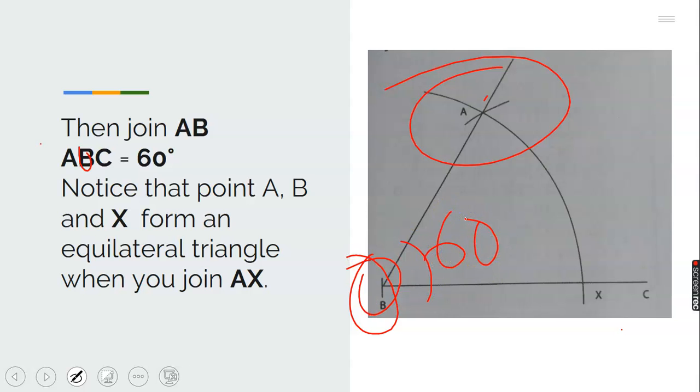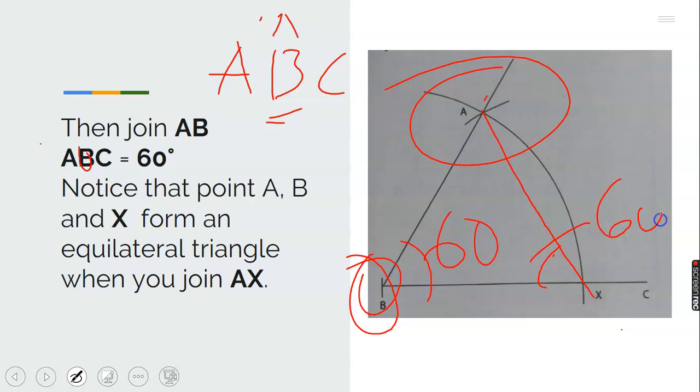That is how to name an angle. Angle ABC. In some textbook, you see a small sign on it. It means angle. That is angle B. Now, notice that points B, A, and X form an equilateral triangle. That is, when you join this point to X also, this side will also be 60. Here too will also be 60.